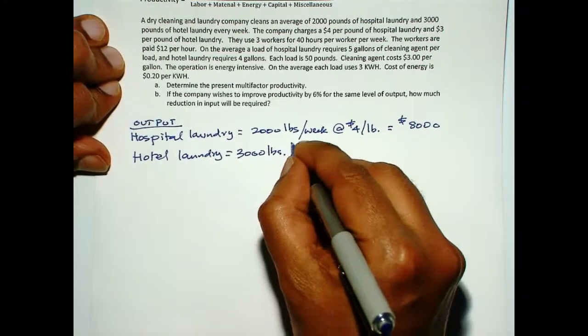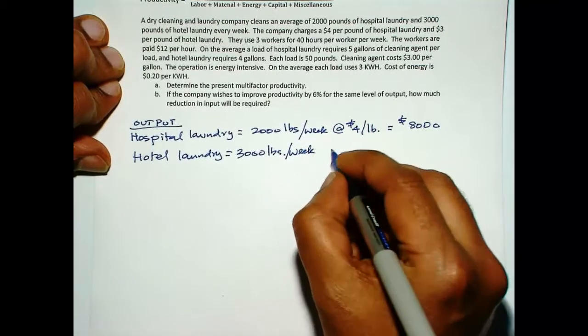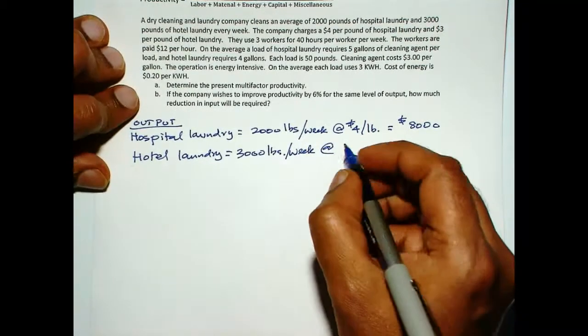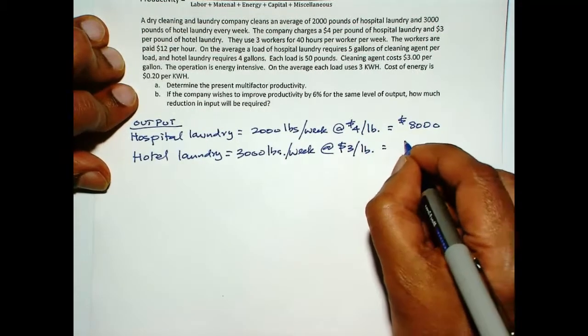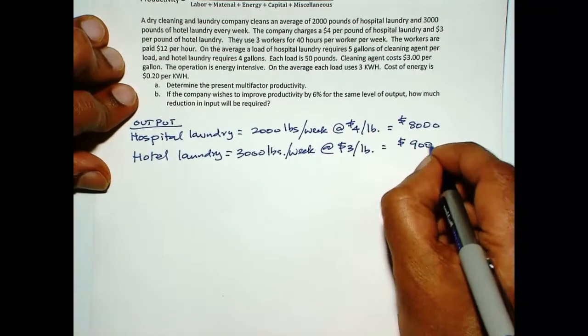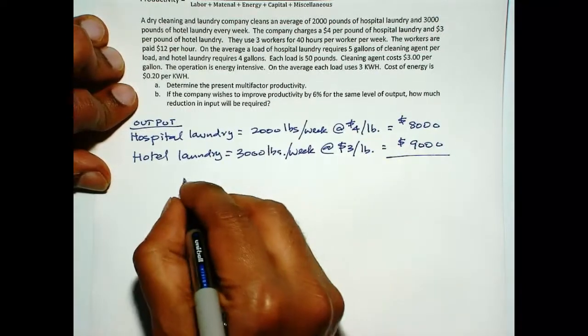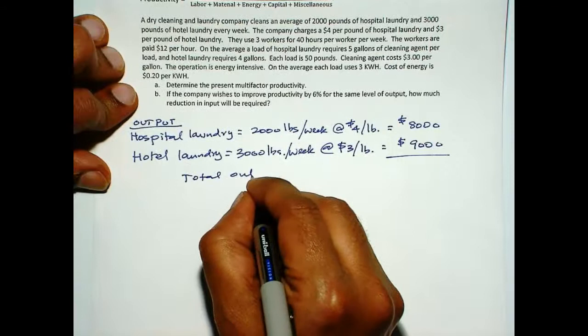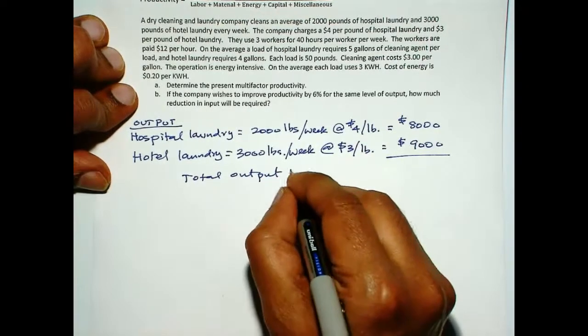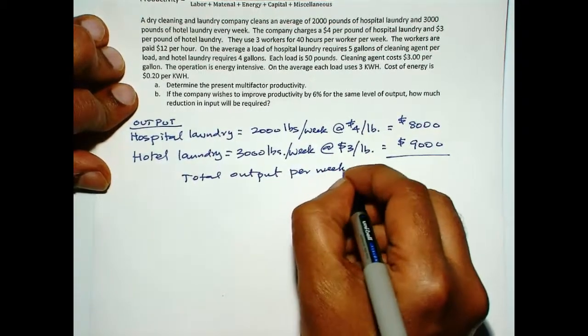So this works out to $9,000 a week. So total output per week is $17,000. So that's output.